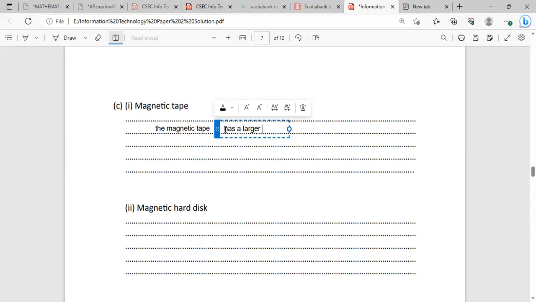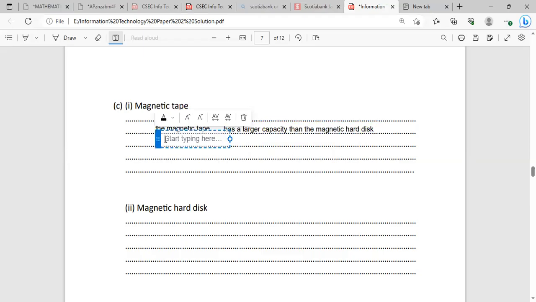It has a larger capacity. And bear in mind, it is also cheaper.